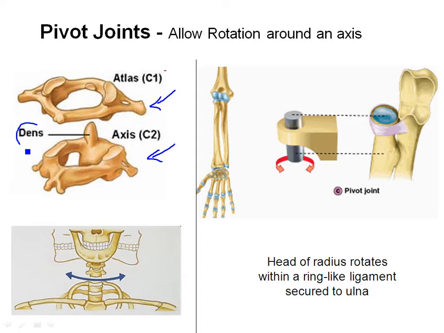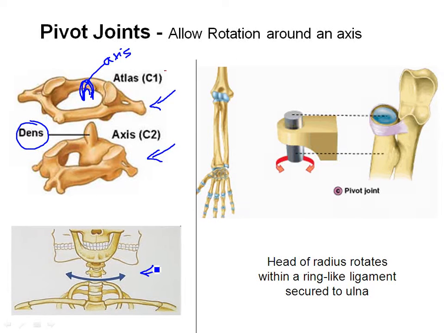You notice the dens, if you remember that's a particular part of the axis. It is a bony knob-like projection that sticks up and fits in between. It's going to stick up right in through here, and that's going to be the axis. Literally, that's, of course, the name of the second one, but it's going to act as an axis so that the other bone can rotate around it. And, of course, as you can see here with this picture, it allows us to rotate our head and say no.